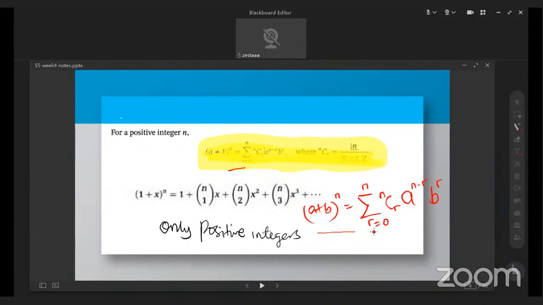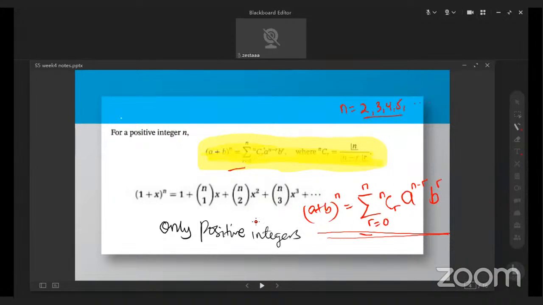Now, I want to start with this one here. When do we use this one here? When your power is a positive integer, okay? When your power is any positive integer, for example, if n is ranging usually from 2 onwards, positive, like 2, 3, 4, 5, etc. In such a case, we use this one here.